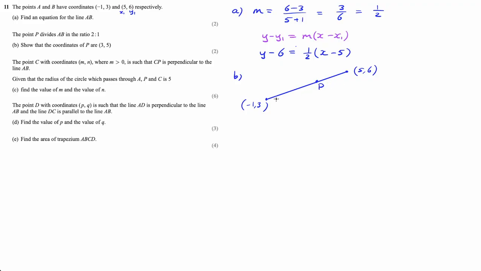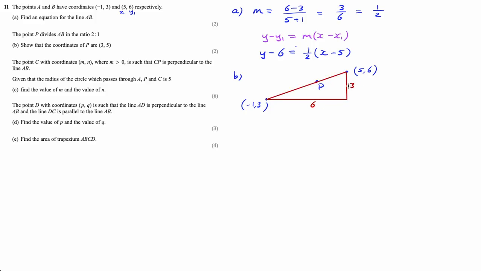Okay, so what we do is we say minus 1 to 5 is 6. So that distance, let me just show you, this is not drawn out, guys, so you can see it. This distance is 6, and this distance is 3.